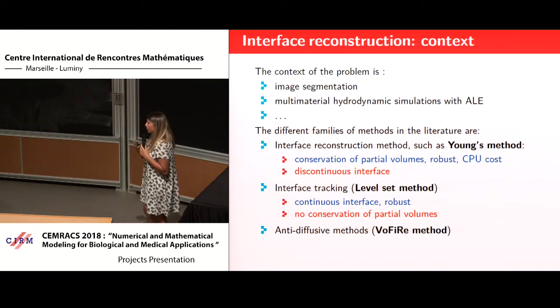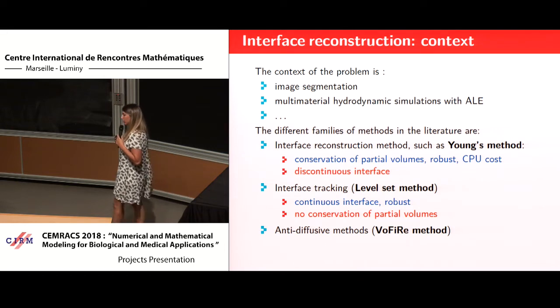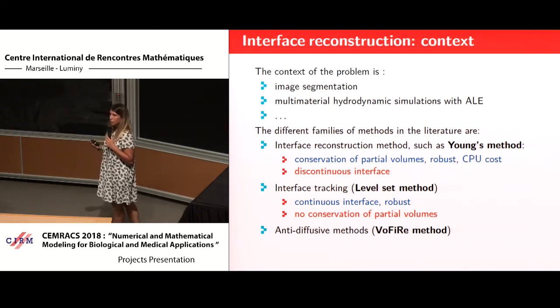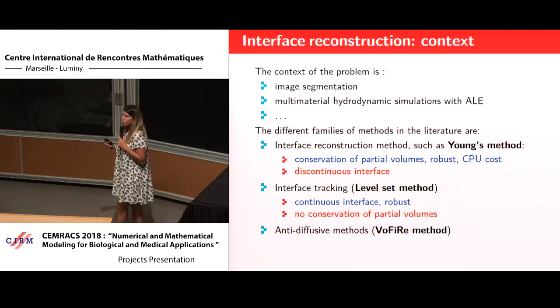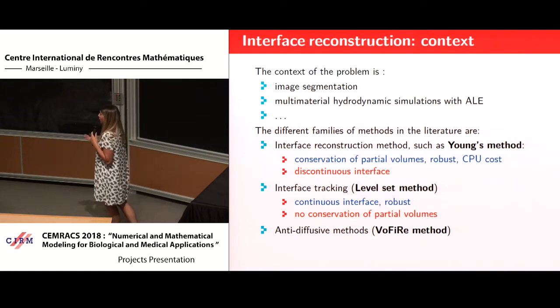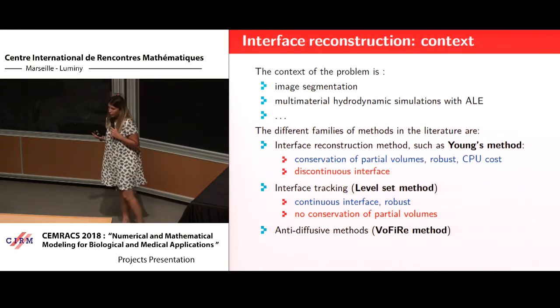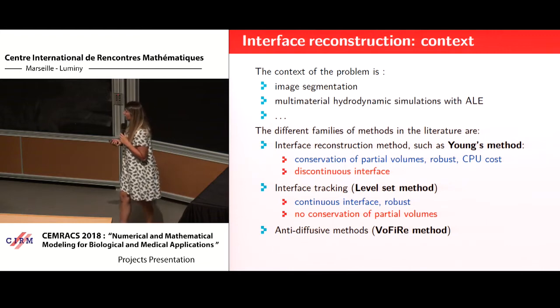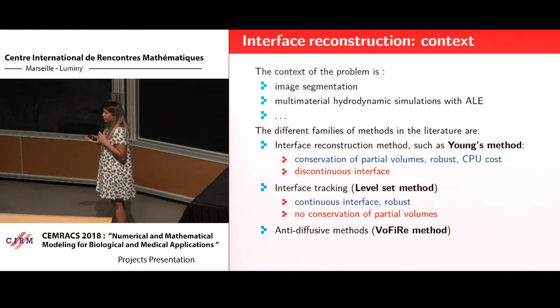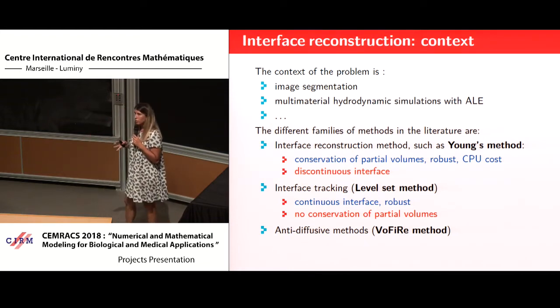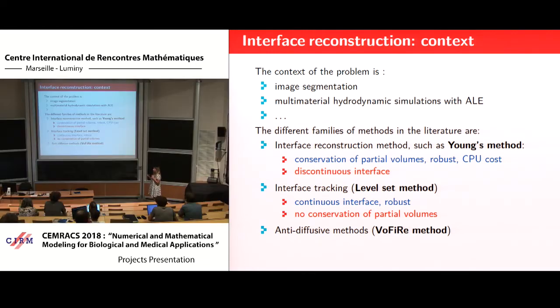You can face some very distorted meshes that you want to remap onto more regular ones. And when you remap onto more regular meshes, you find yourself with some cells of the mesh that are mixed. By mixed, I mean that they contain two materials. So you actually want to know where one material is and where the other is.